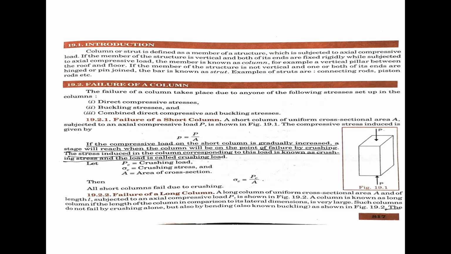In LaTeX, P_C is the crushing load, sigma_C the crushing stress, and A the cross-sectional area. Now sigma_C equals P_C divided by A. That is how a short column fails by crushing. All short columns fail due to crushing.